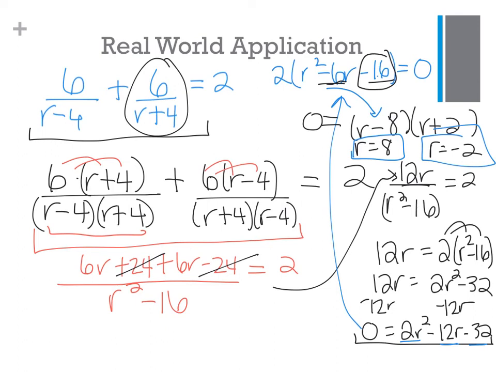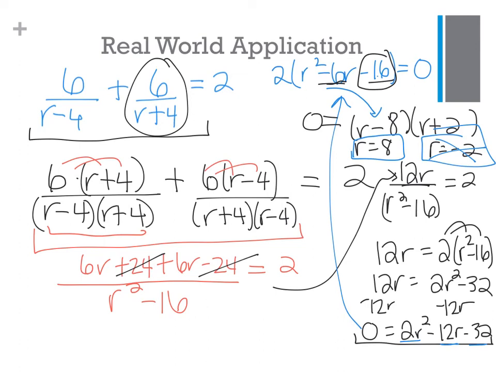Rate is probably going to be positive because it discusses distance divided by time, and you can't really have a negative distance, and you can't have a negative quantity of time. So your rate is unlikely to be negative. So I'm going to just say that r equals negative 2 is an extraneous solution, which gives me a chance to check that r is equal to 8.